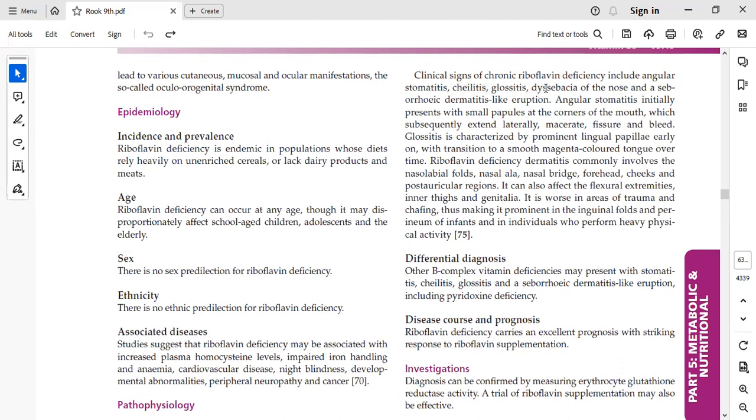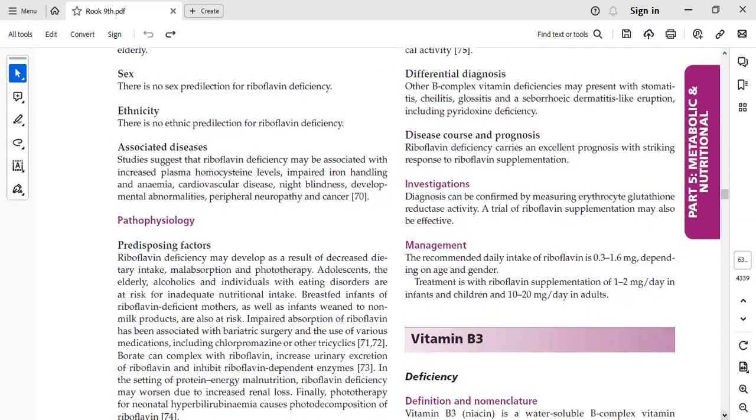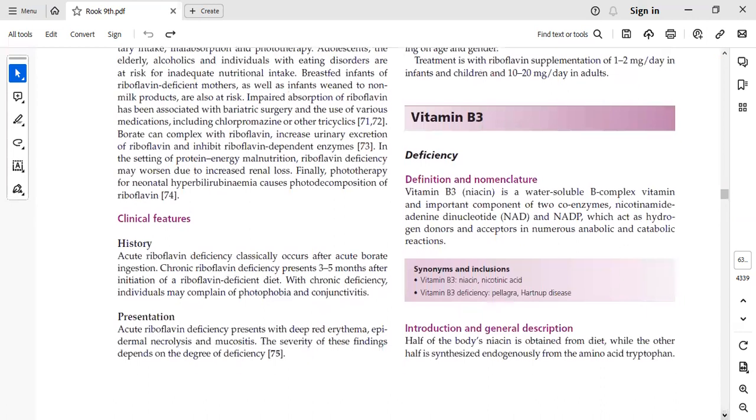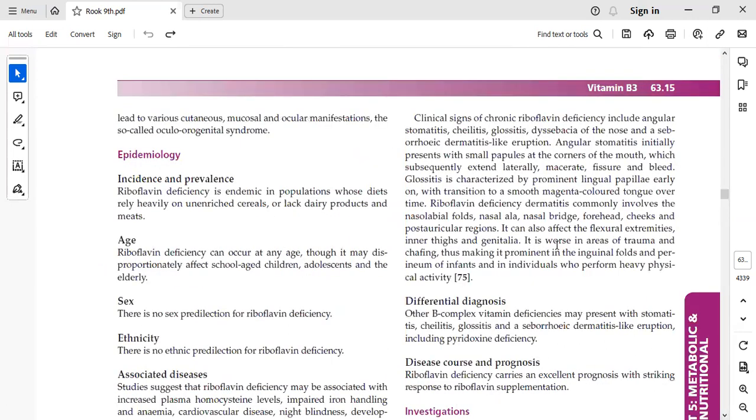Besides this, the earliest cutaneous finding that you see in vitamin B2 deficiency is the dyssebacia of the nose. Now, dyssebacia is a condition where, I hope it's there in the figure, no, it's not there, I'll explain it to you.